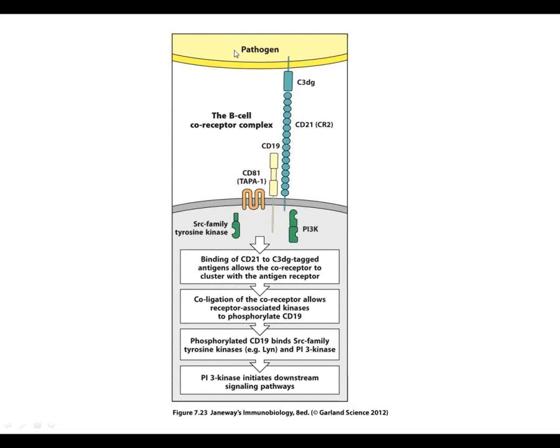So when the pathogen is getting recognized by the B-cell receptor, it probably has complement on it already, and that complement is going to bind to this complement receptor, CD21. And then through a complex of CD81, CD19, CD21, you're going to get activation of PI3K, which again can activate that PLC pathway.